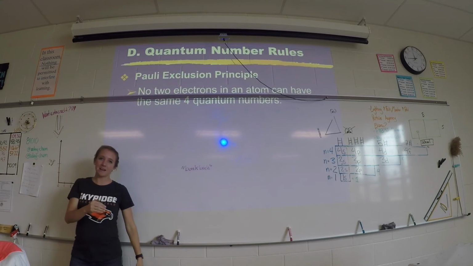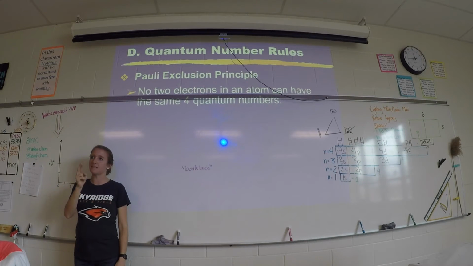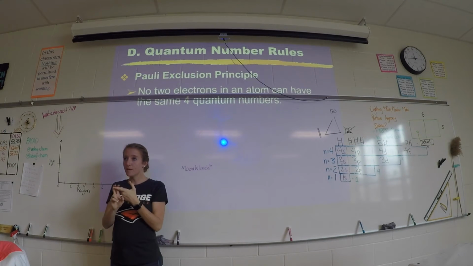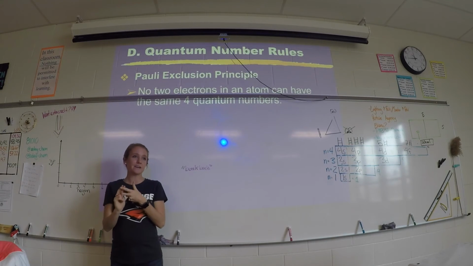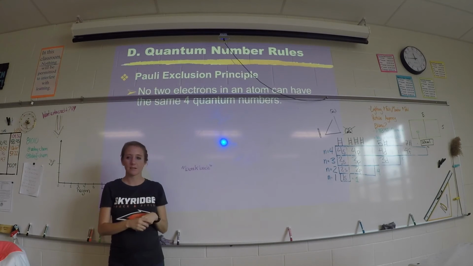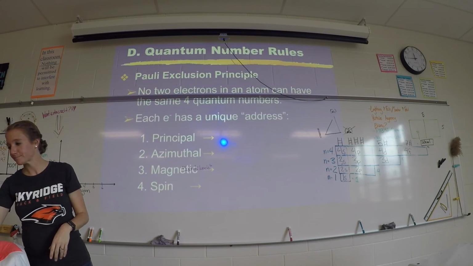So in an atom, no electrons can be exactly the same. They could be on the same floor, in the same room, even on the same bunk bed, but this is what tells us they'll never both be on the top or both be on the bottom, because otherwise they'd be exactly the same.